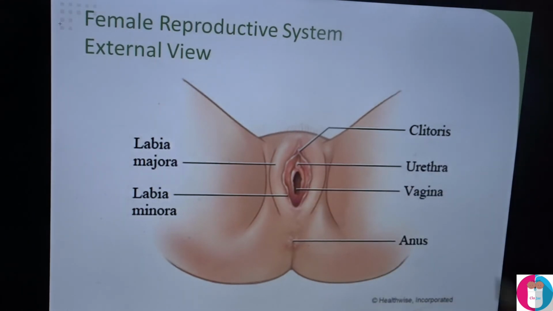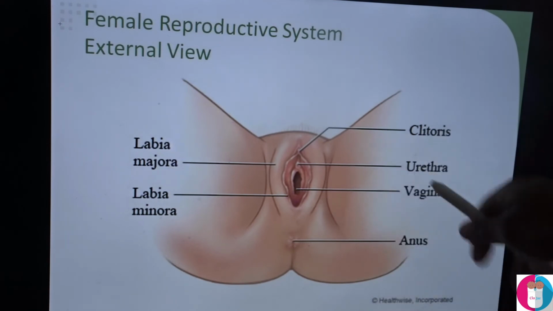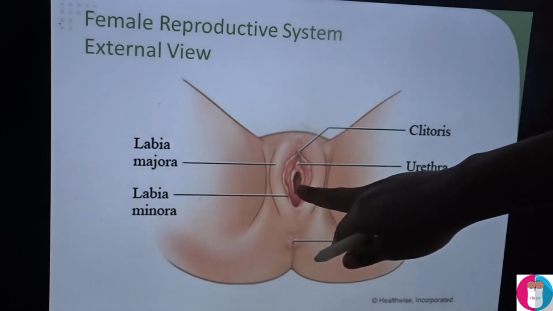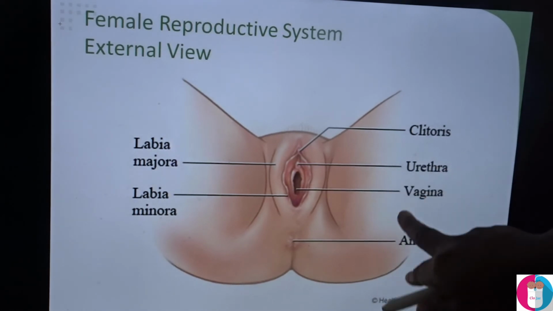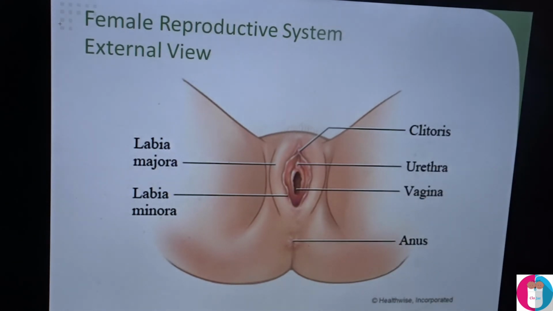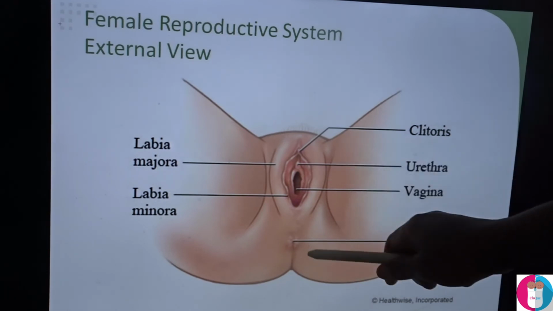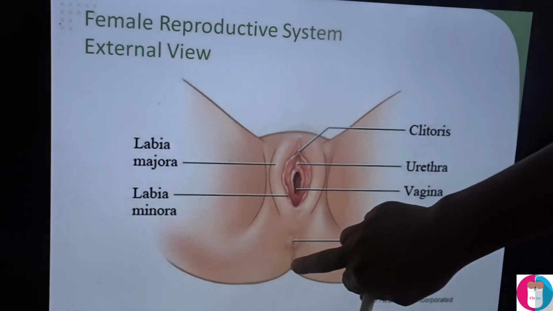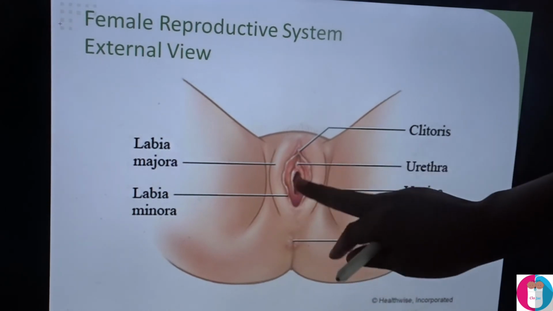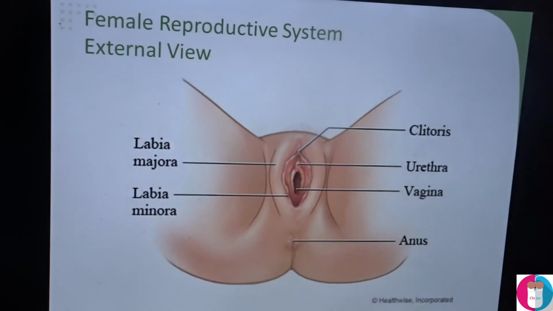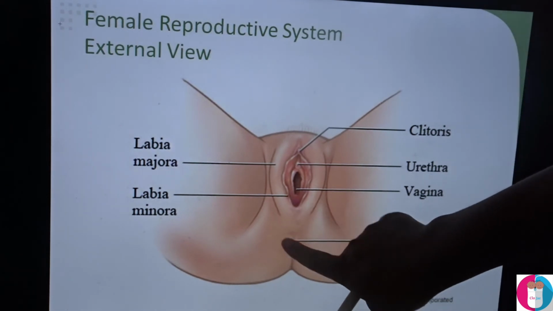So to avoid any kind of infection of these parts, the urethra and the vagina, we always have to make sure that we wash the vagina first before washing the anus. You don't clean up, down, up, but rather clean from front to back, so you don't take the germs from the anus in there.